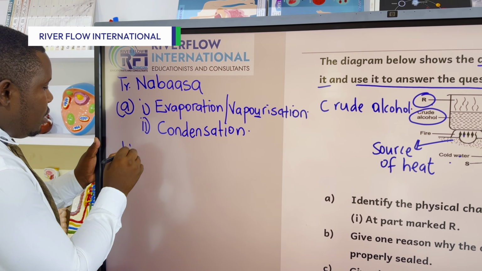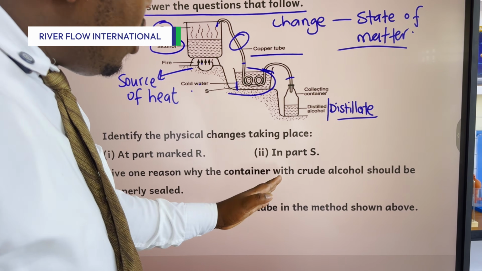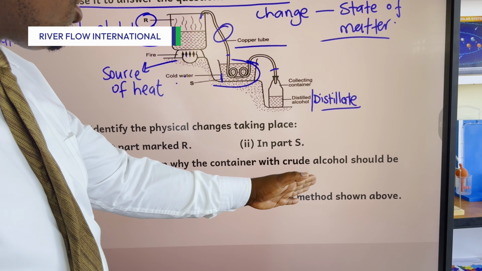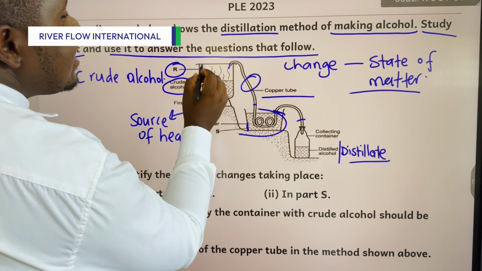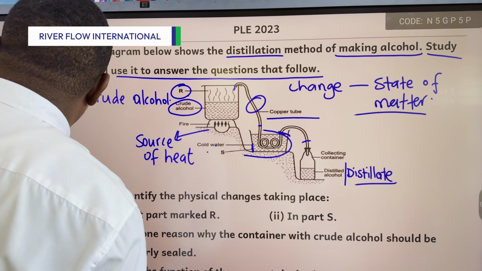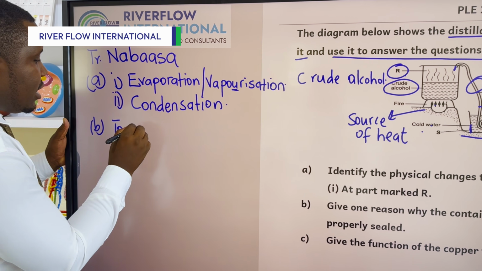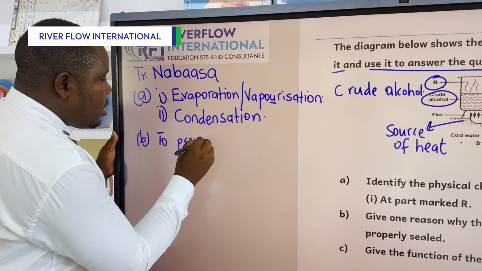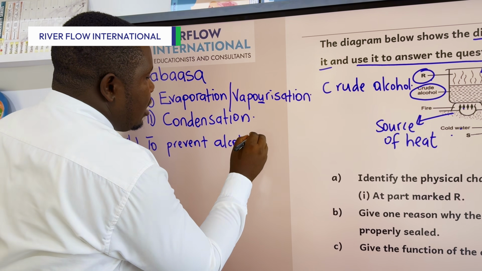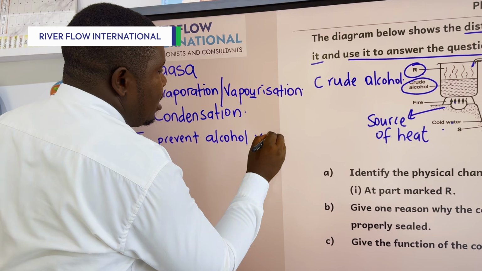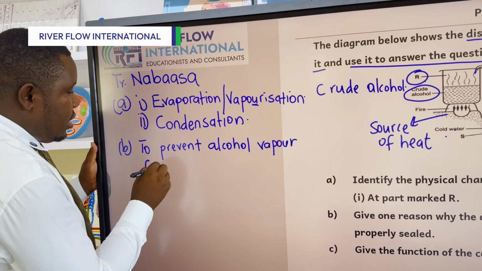Then we go to part B. Part B says give one reason why the container with crude alcohol should be properly sealed. As you can see, it is sealed. The only exit is here. So why is it sealed? It is to prevent alcohol vapor from escaping.